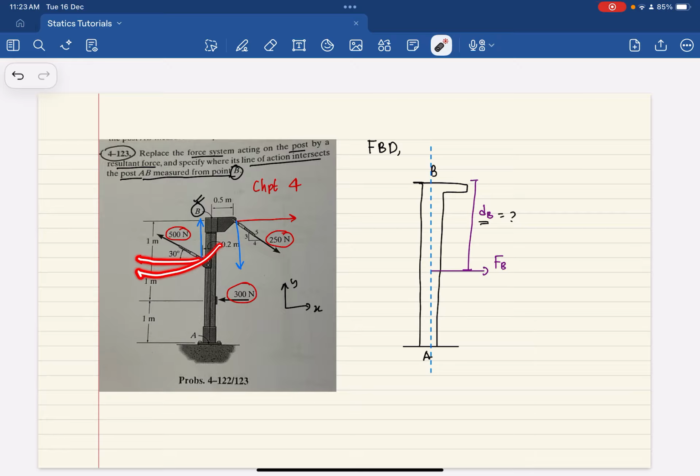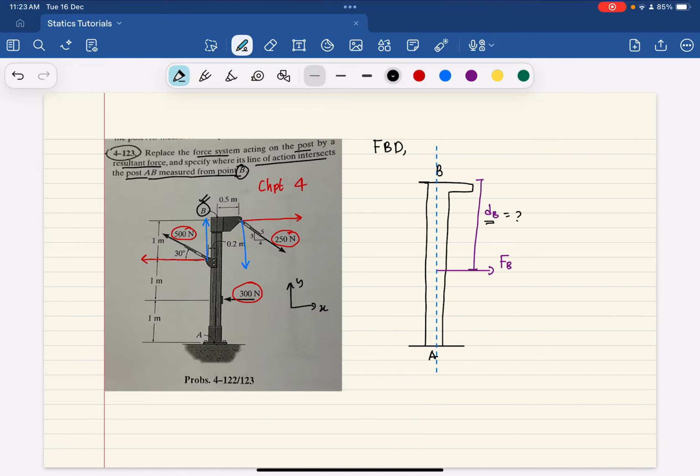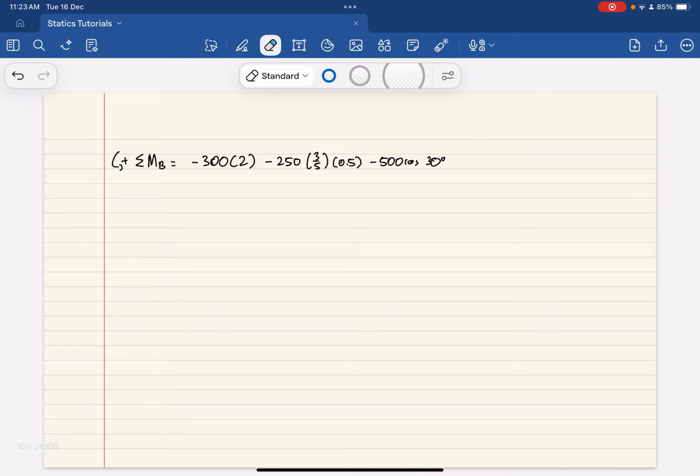This will go in the clockwise direction as well, because this force is perpendicular from B. For the vertical one, it is in line with the line of action itself, so there is no moment from B for that particular force in the vertical direction. So it's negative 500 cosine 30 times 1 meter.